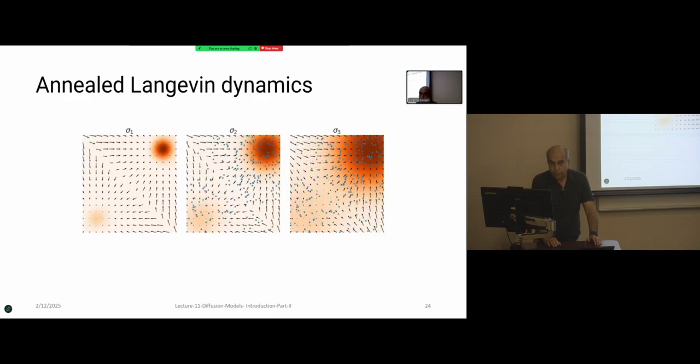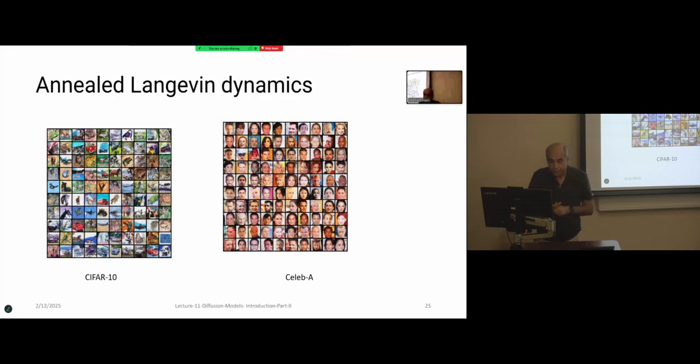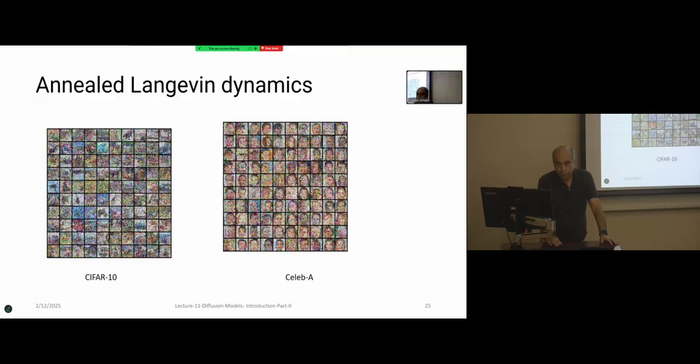Okay, so it will look like this now. It's much better because we have diffused these, and these are different levels of noise, sigma 1, sigma 2, sigma 3, and so on. Okay, and if you do that, then on CIFAR-10 and CelebA, you can generate these kinds of images.